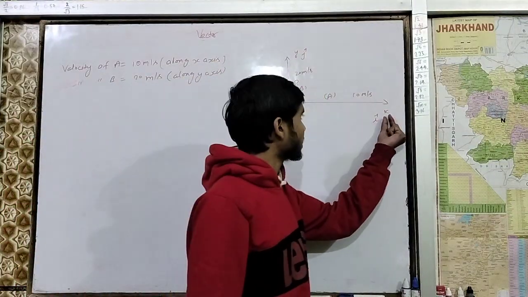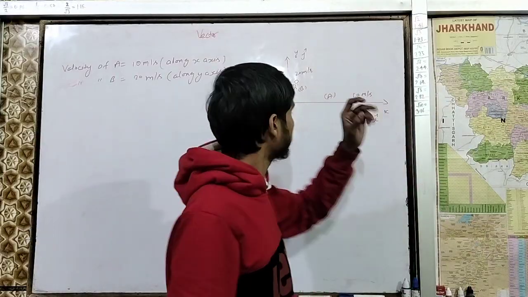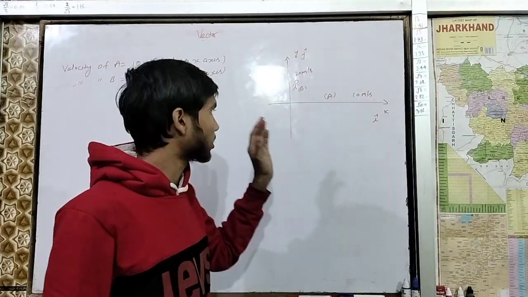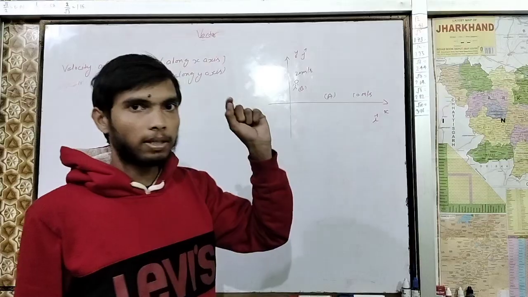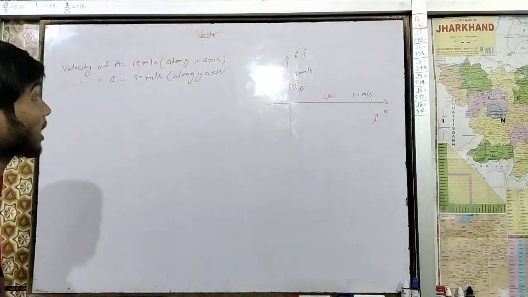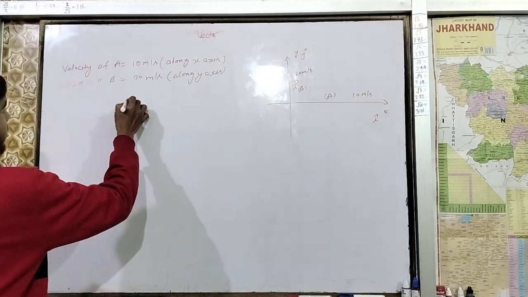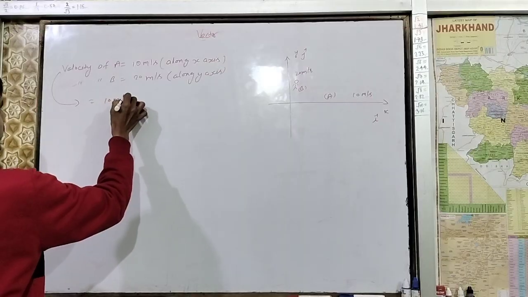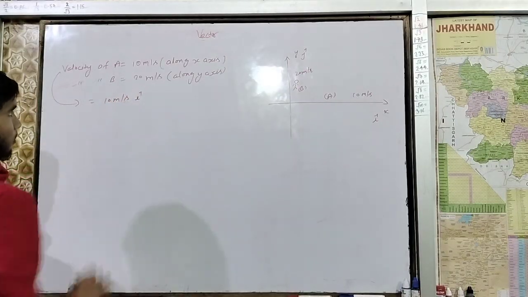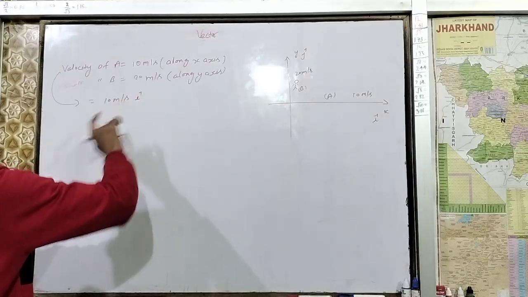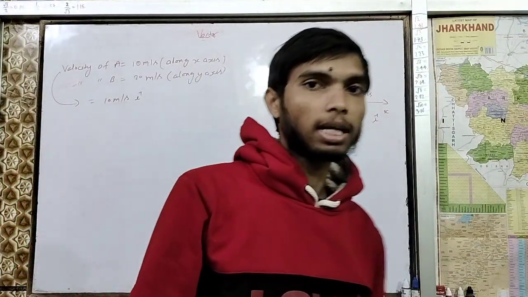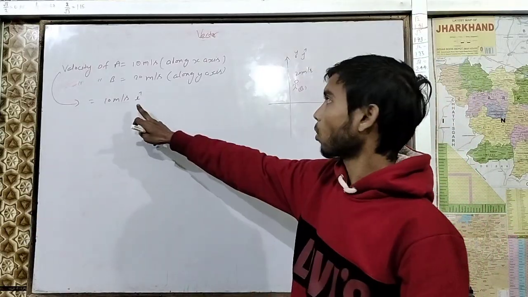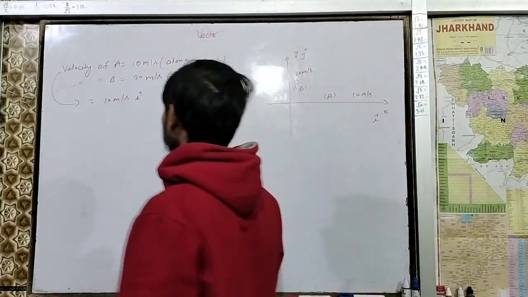In the language of vectors, the x-axis is replaced by i cap, the y-axis is replaced by j cap, and the third dimension z is replaced by k cap. Here you can say, for this, 10 meter per second i cap. Anybody will understand this 10 meter per second is in which axis? In this direction, horizontally, positively.